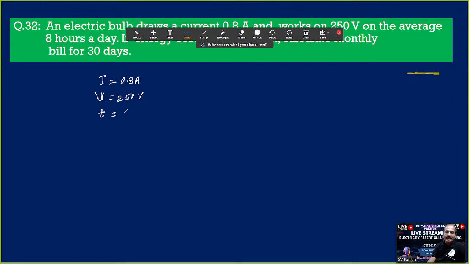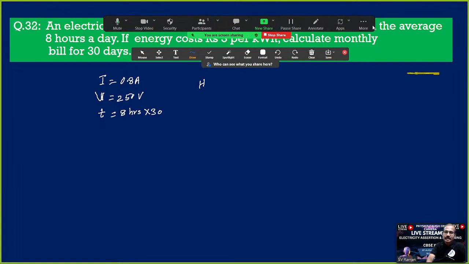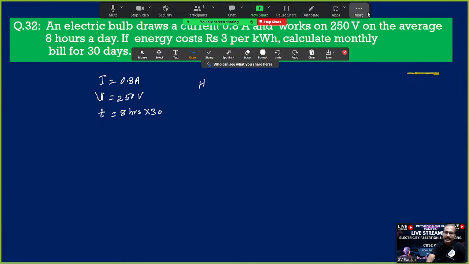Let's say time t is equal to 8 hours per day. How many days? 30 days they have given in the question. Now what we need to calculate? Energy, H value, we have to calculate. H refers to energy. The cost of each kilowatt hour is 3 rupees. Later on we can see the cost. H value is what we have to find out.